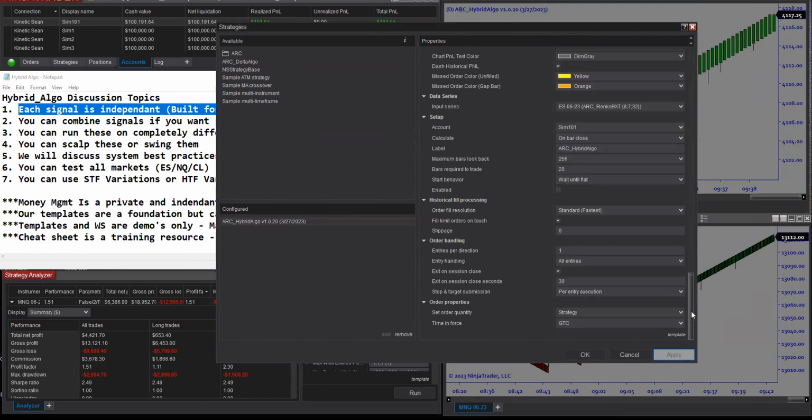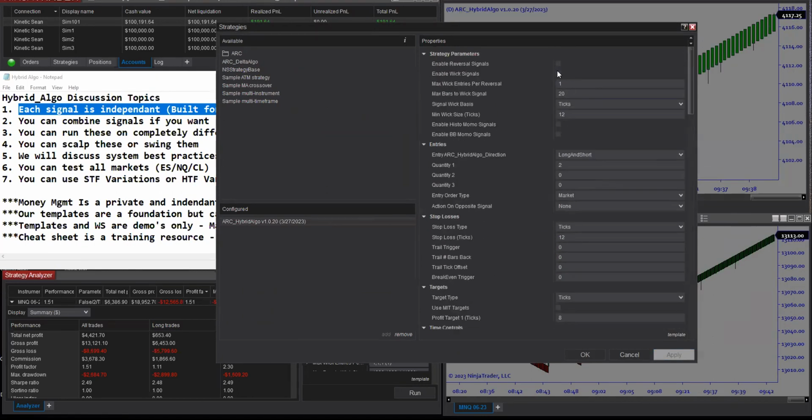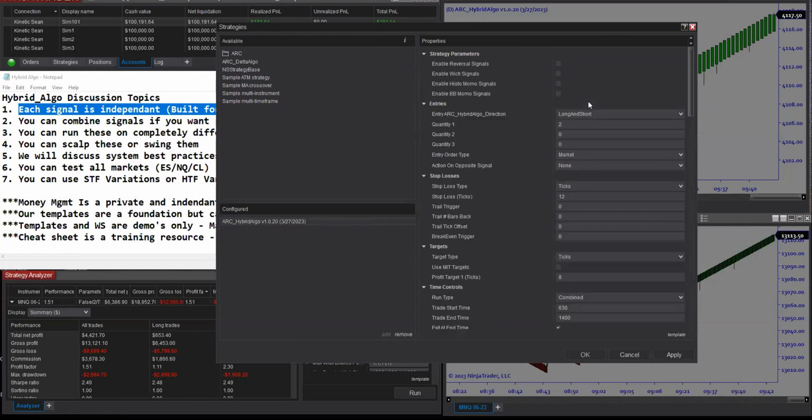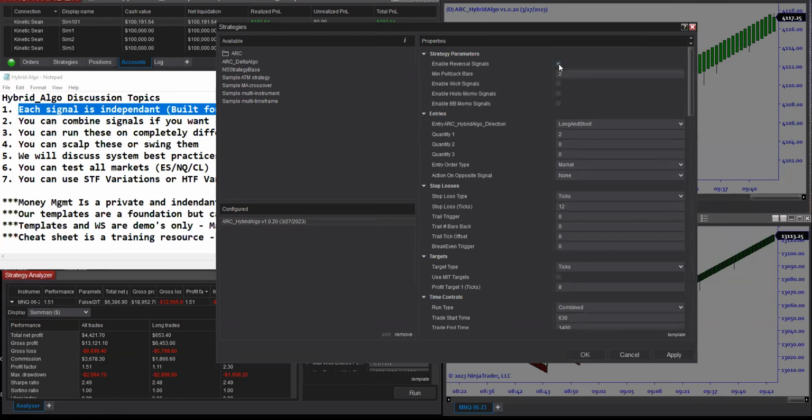If I turn off the wick signals, the settings are gone. If I go into the reversal signals, the reversal signal has one setting that drives it, and then it's on a flip trade. It involves the depth of pullbacks before you start engaging in reversals, right?